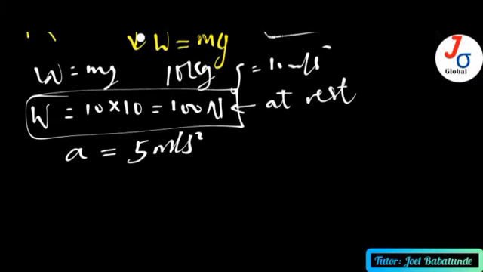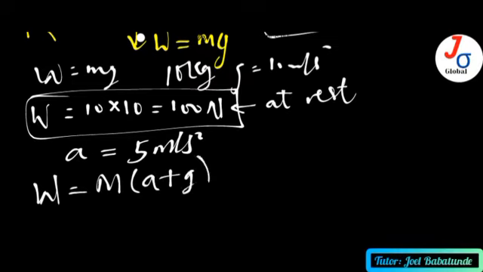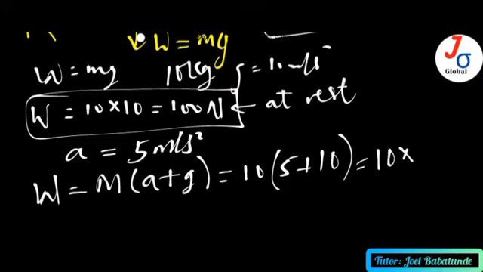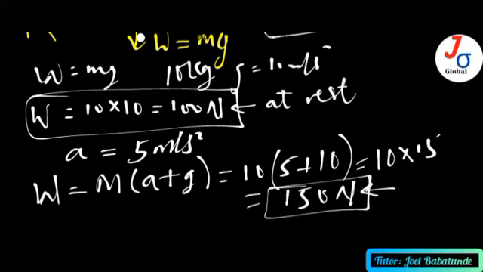That means the weight now has to be m into (a plus g), so that gives us 10 into (5 plus 10), which is 10 times 15, and that gives us 150 newtons when the lift is going upward.